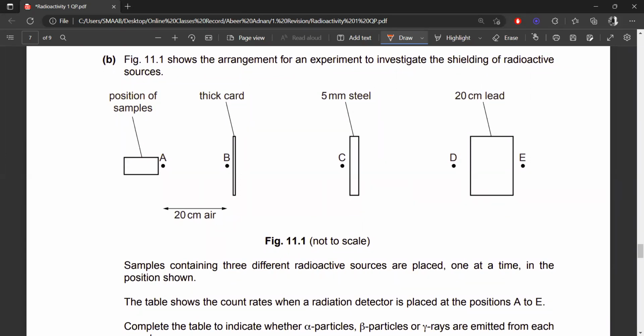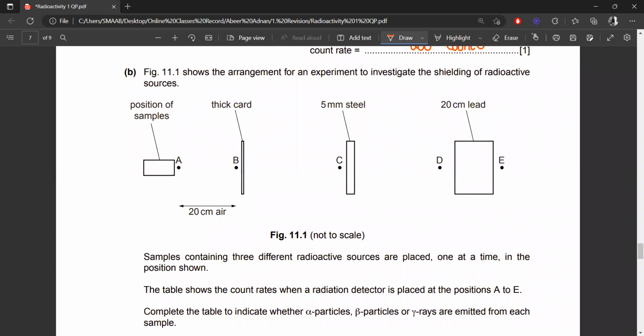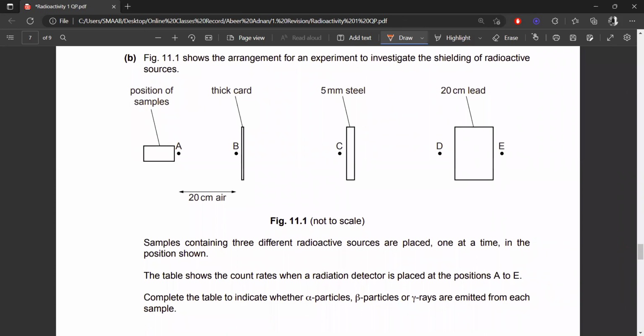Okay, now we have an arrangement over here: position of samples, thick card, 5 mm steel, 20 centimeter lead, and the distance between the first card is 20 cm. Samples containing 3 different radioactive sources are placed one at a time in the position shown.